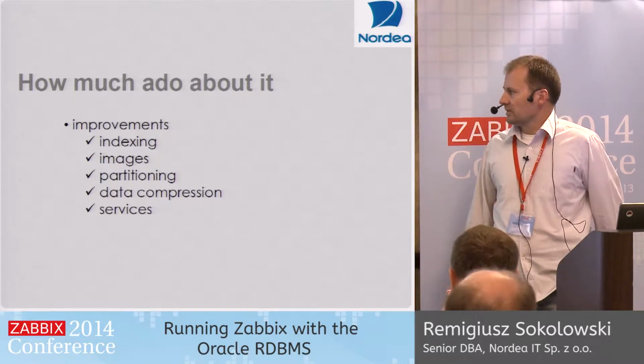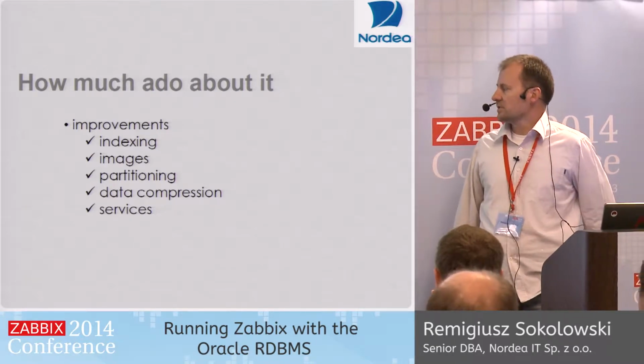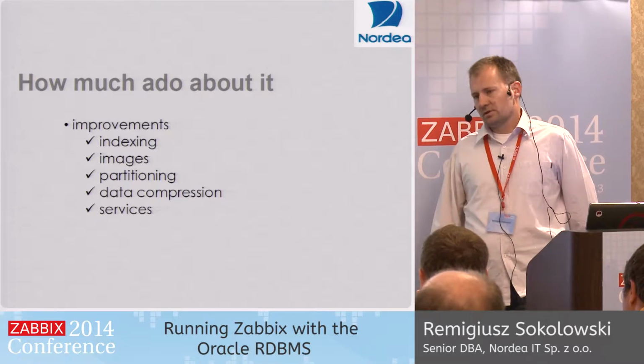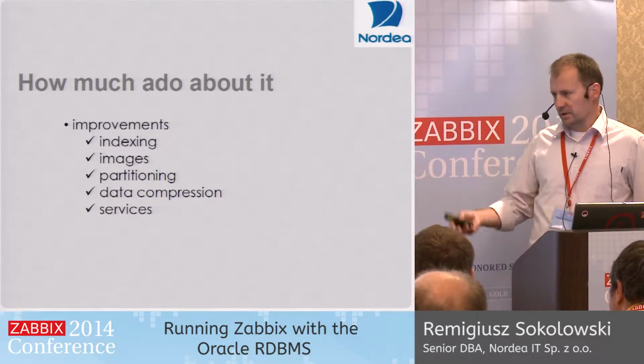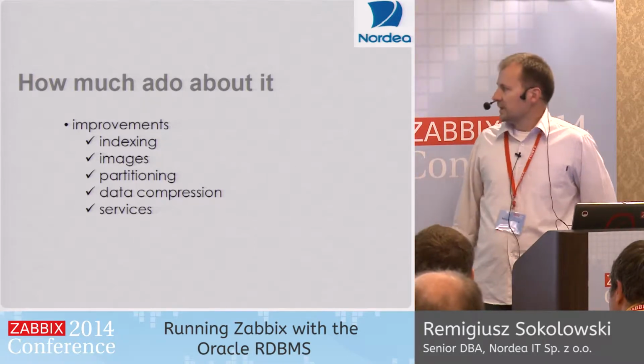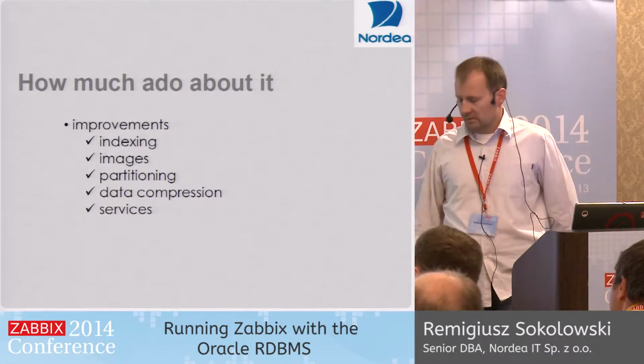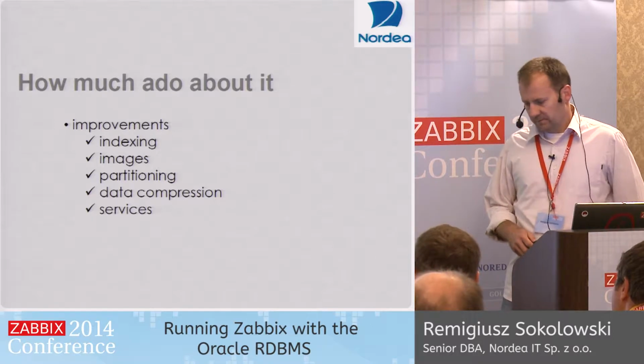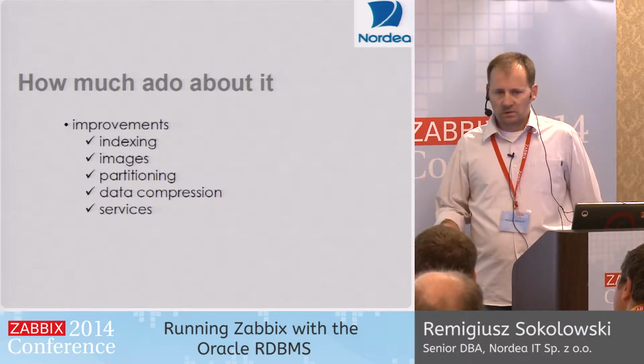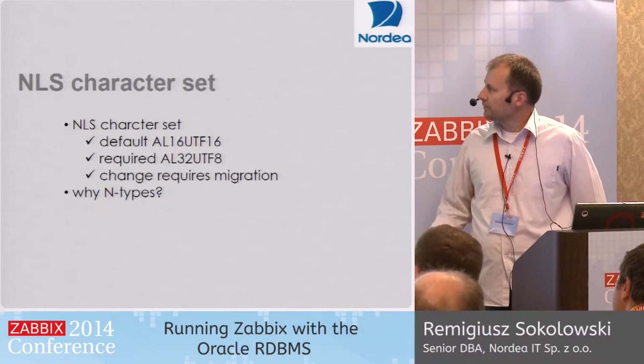There is also a package for loading images, partitioning, which is a more complex issue, and I will tell you more about that. And a few notes about data compression services, which is a feature in Oracle RDBMS.